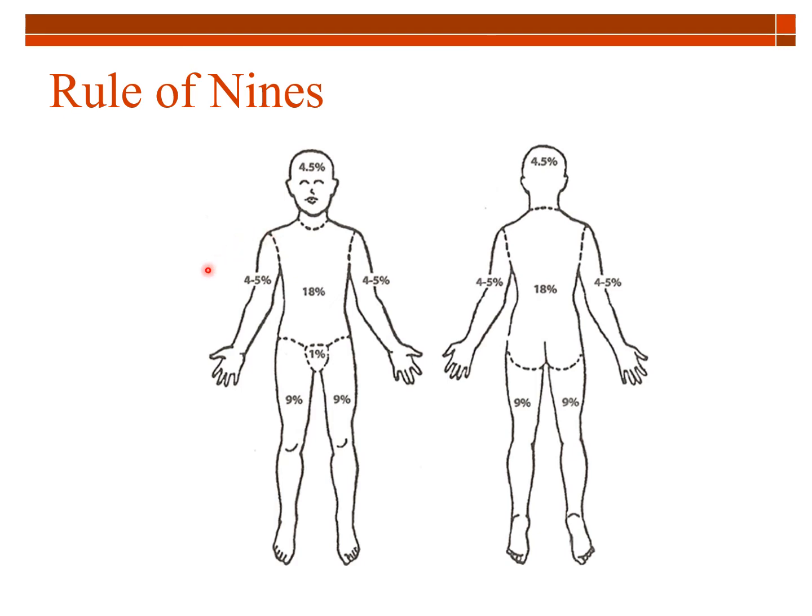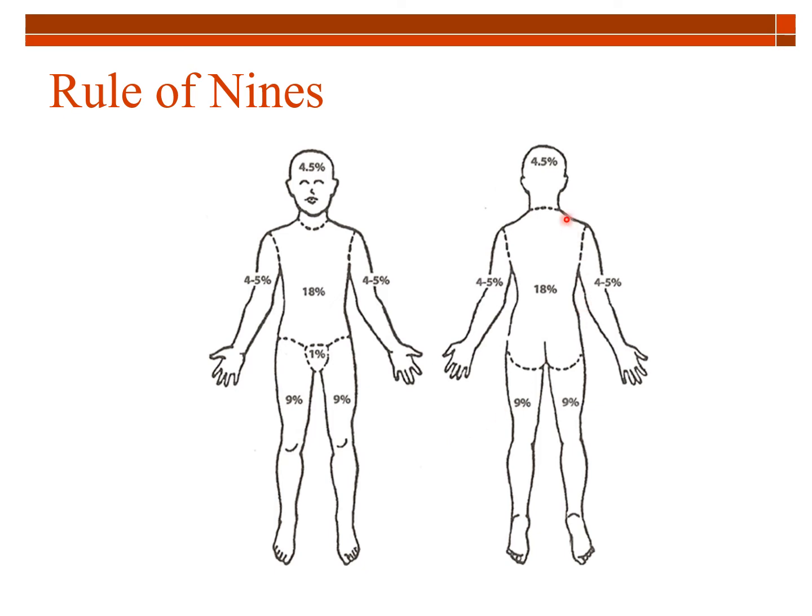Remember that this is an estimate. Each leg with its foot is 18%. So that would mean only the front of the leg would be half of 18 or 9%. But the entire leg and foot, both front and back, would represent 18% of the total body surface area.